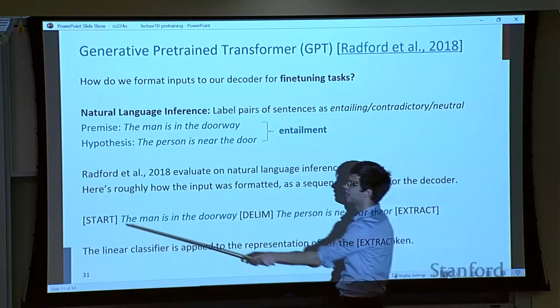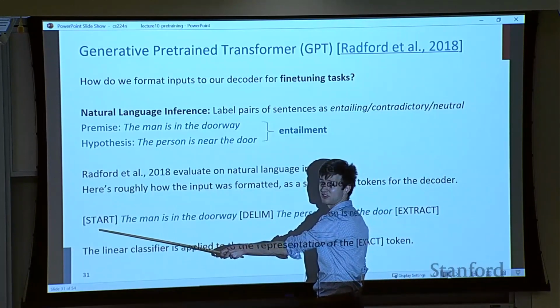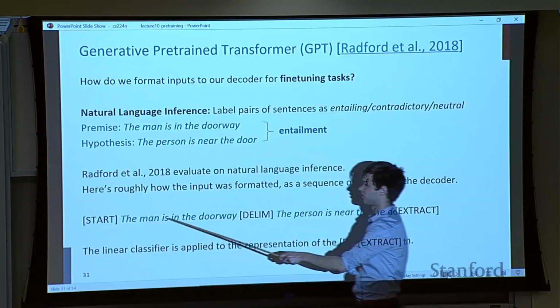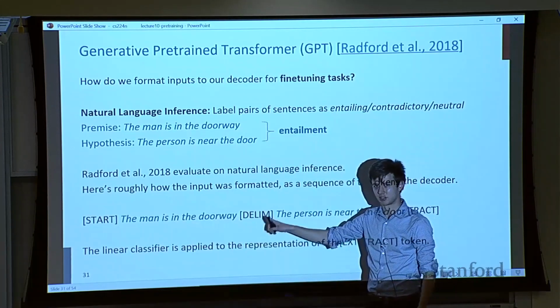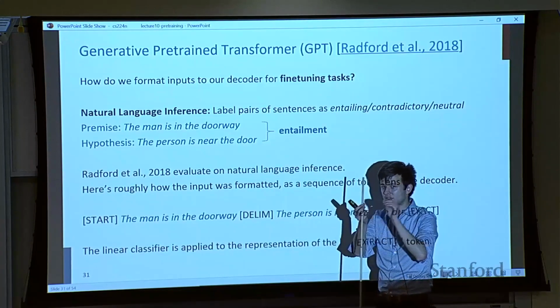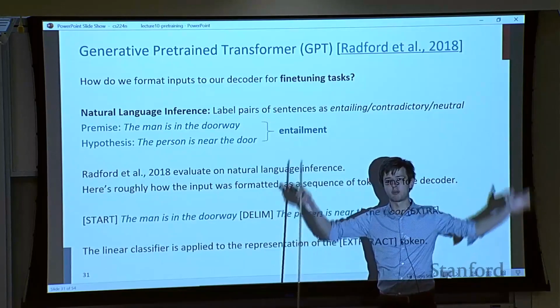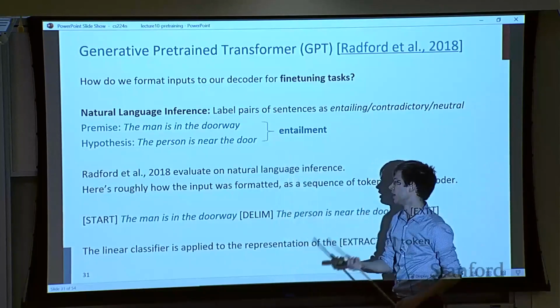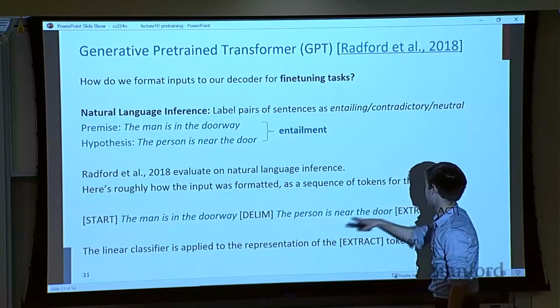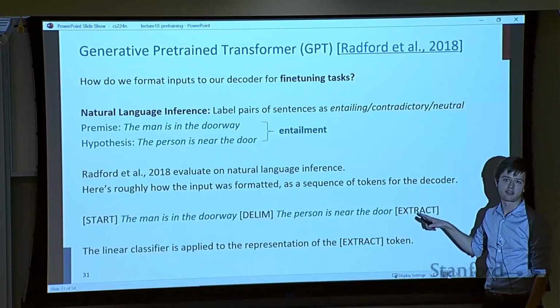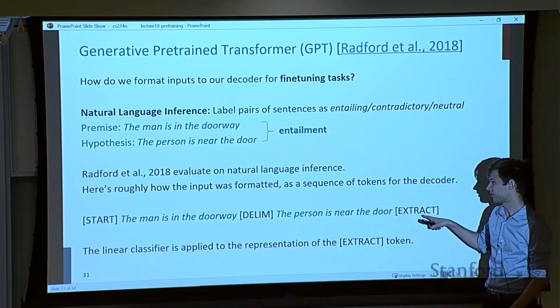So what they did, right, they put this start token, this is a special token, the man is in the doorway, some delimiter token, right? So this is just a linear sequence of tokens that we're giving as one big prefix to GPT. And then the person is near the door, and then some extra token here, extract.